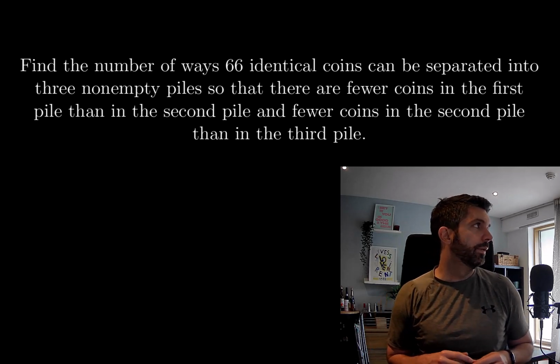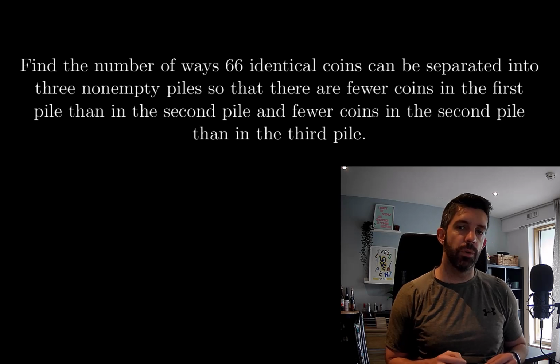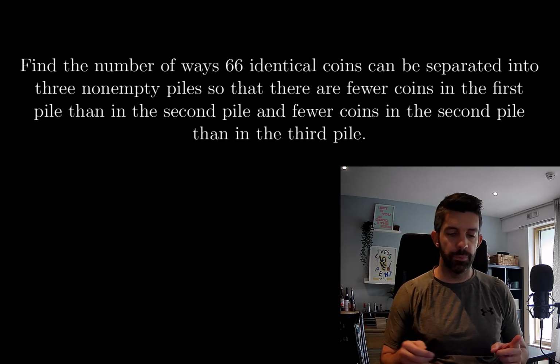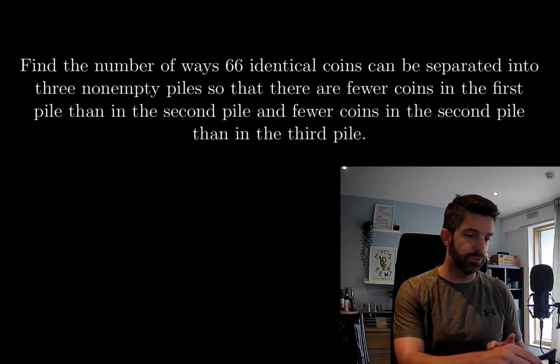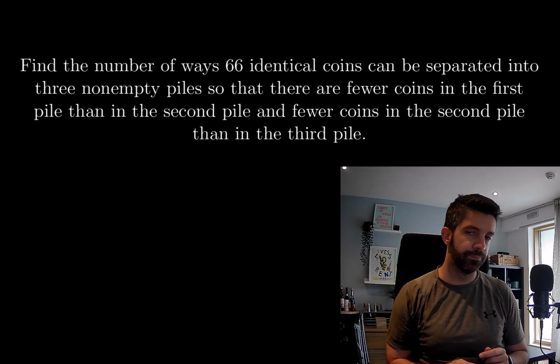Right, so we are basically counting. If we think of the number of coins as grid points in a three-dimensional lattice, along the x direction is the number of coins in the first pile, along the y direction is the number of coins in the second pile, and in the z direction is the number of coins in the third pile.